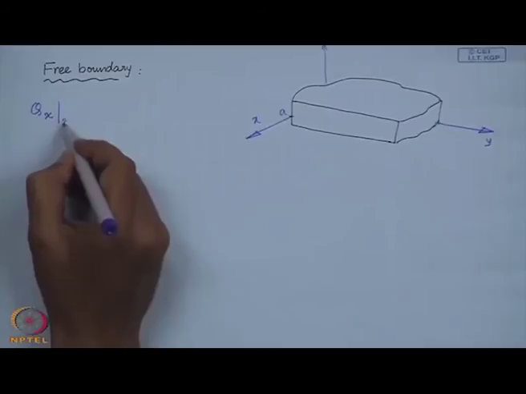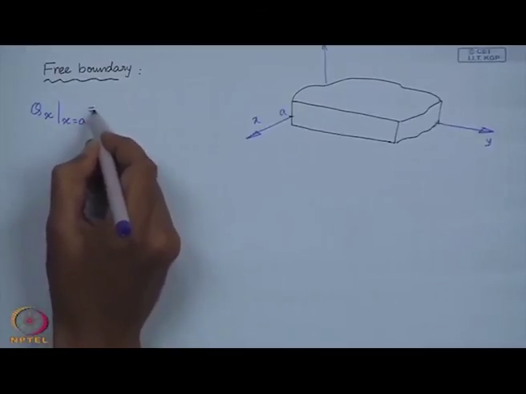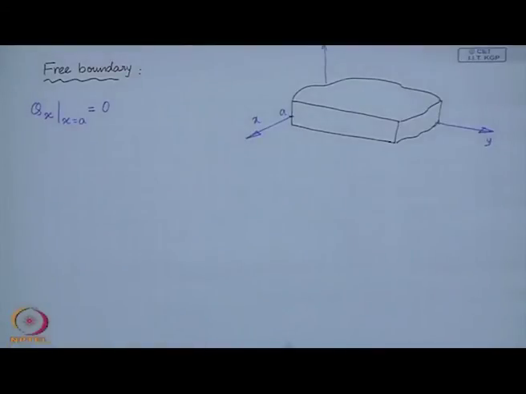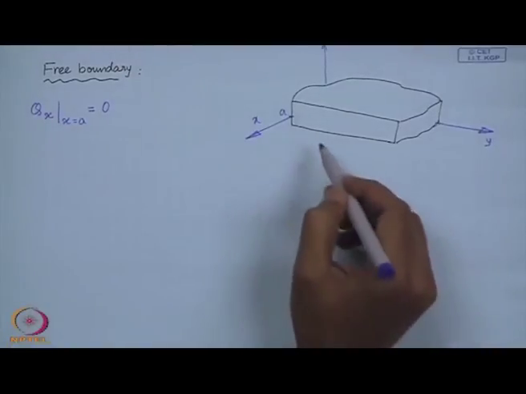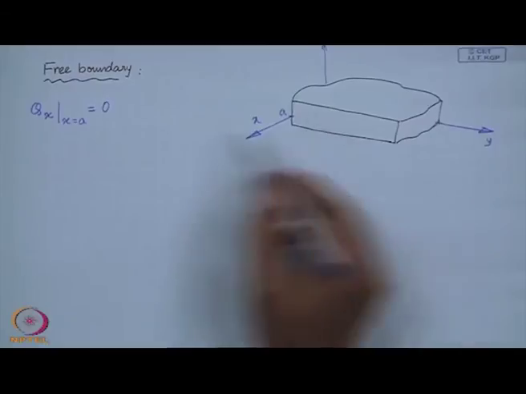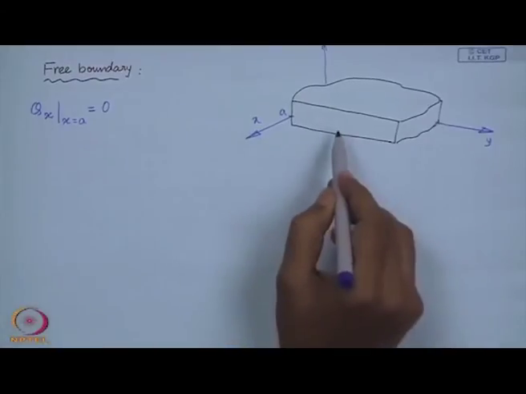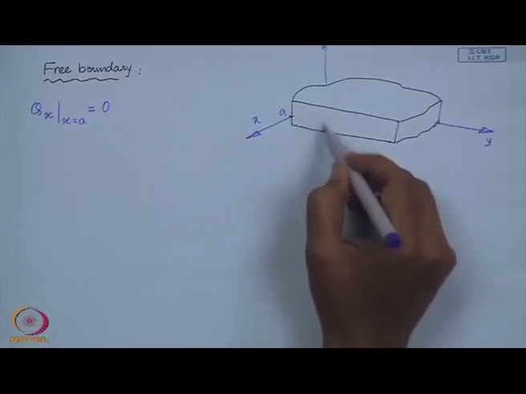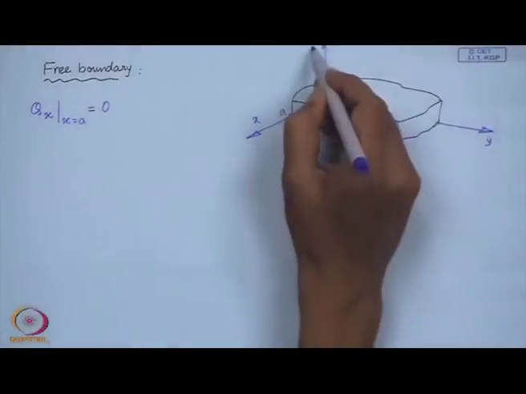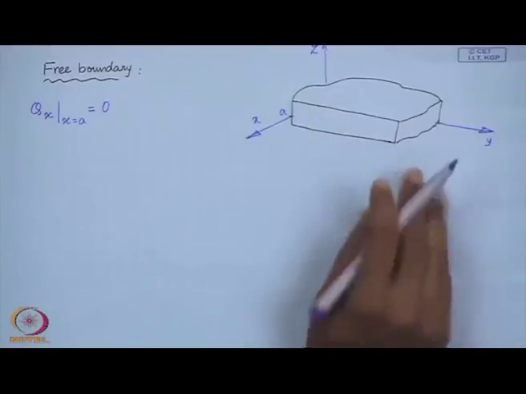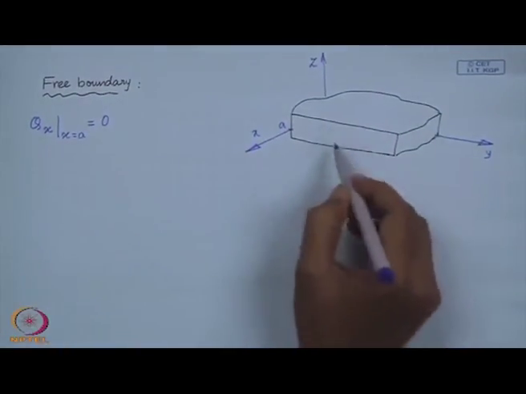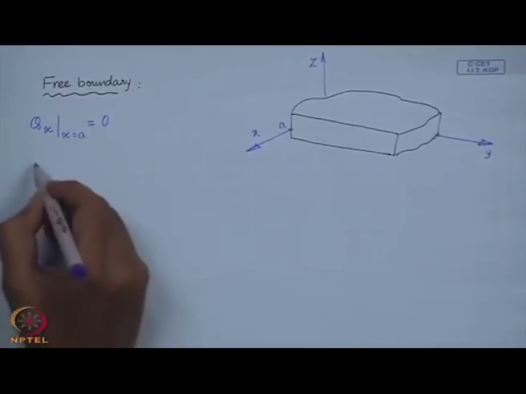Intuitively we might guess that this shear stress resultant, so this q x, is going to be 0. So, q x is along z on this face, so that should be 0.